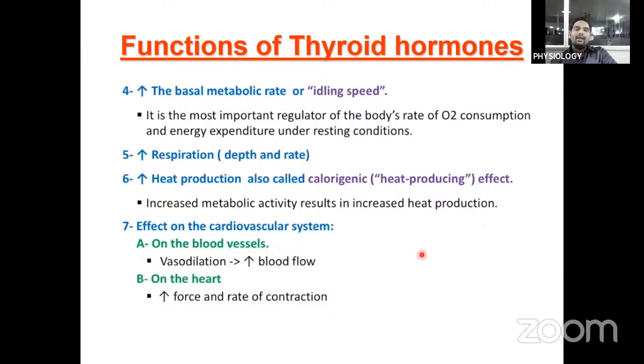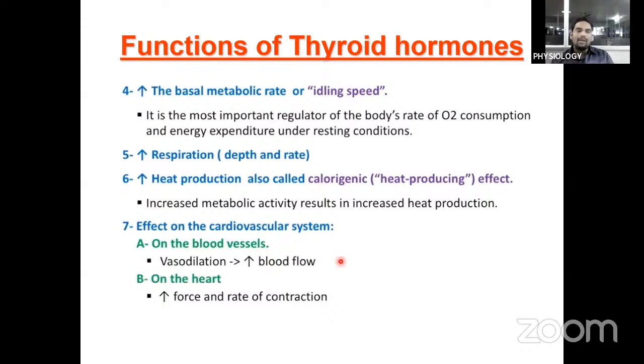It will also have an effect on the cardiovascular system and blood vessels. It will increase the blood flow by vasodilation. How come? In the basal metabolic rate or metabolic activity, it will produce metabolic wastes in your bloodstream. The accumulation of these metabolic wastes will cause your blood vessels to dilate.